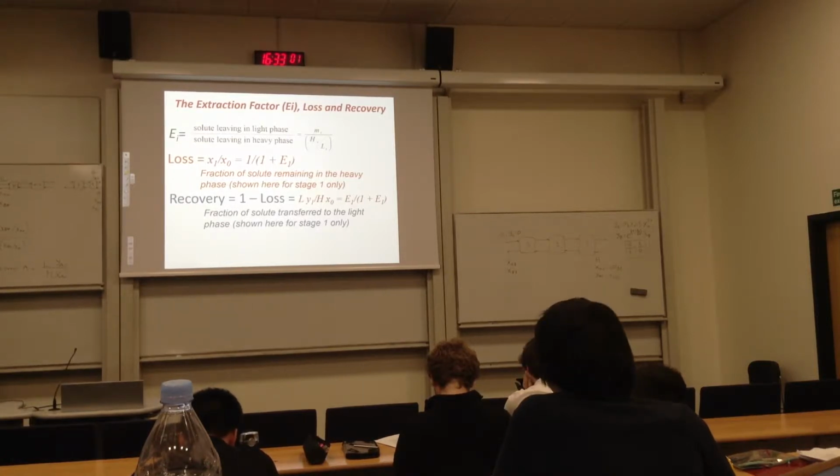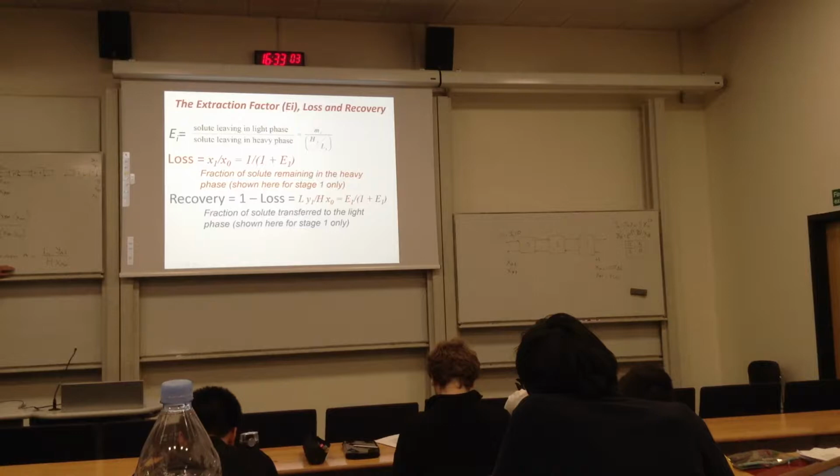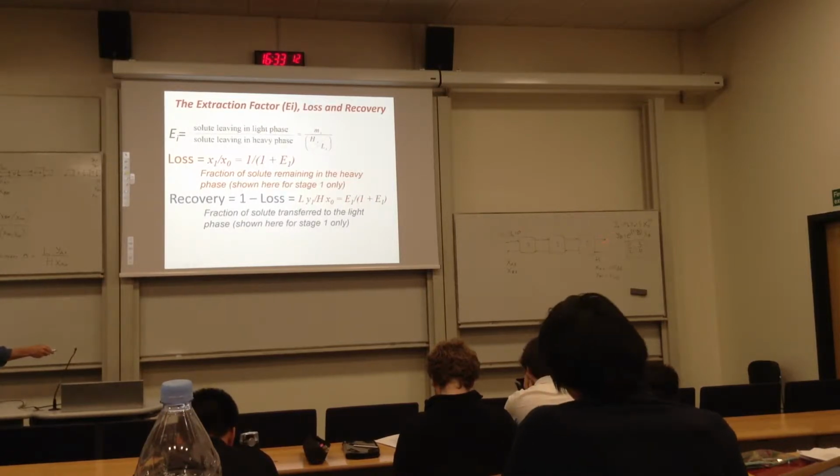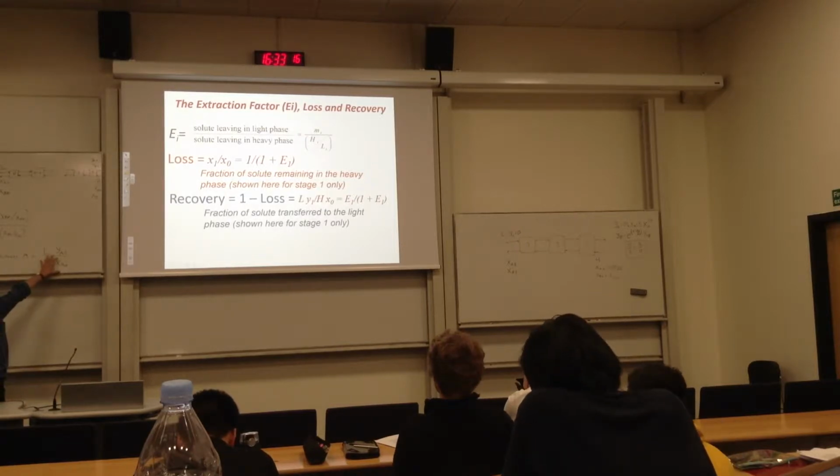The A that I recover in the extract is the A in the extract, at that point there, divided by all the A that I had as an input to the system, which is over there. So let's write that down.